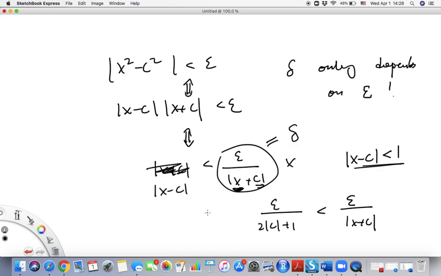So if x minus c is less than this, then x squared minus c squared is less than epsilon. So we use that to get rid of this dependence on x. Okay, so I hope this explanation is clear. So let's see another similar example.